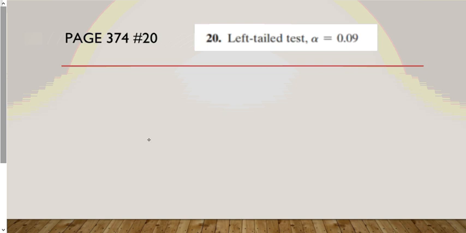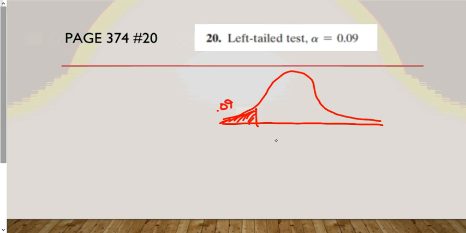What that's going to look like is ultimately we want to have a left tail, that's this over here, with this being 0.09, and we just want to know what that z critical value is.